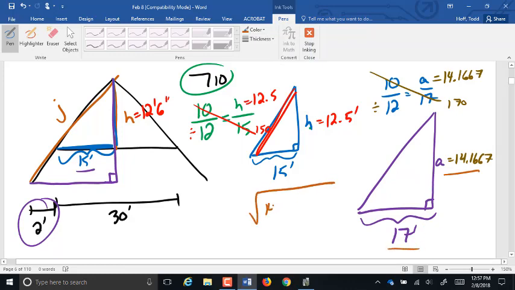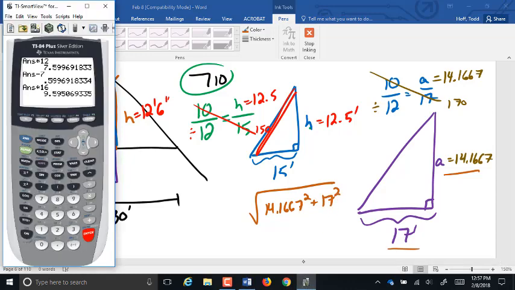So the square root of 14.1667 squared plus 17 squared. So now I still have, oops, I don't still have that in my calculator. There, now I still have it in my calculator. So what I'm going to do is use that answer. Second, square root.